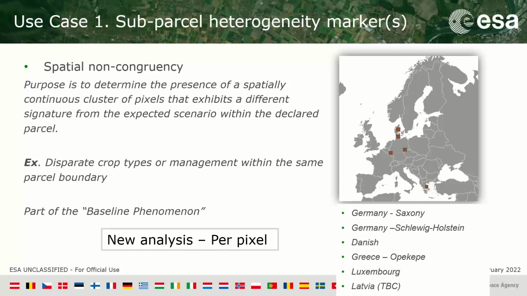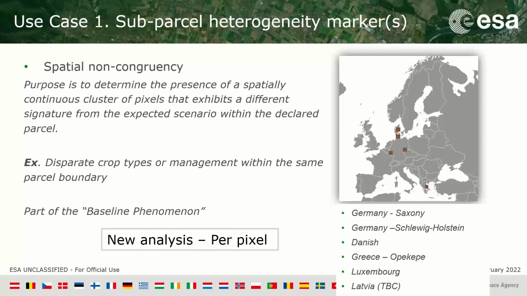So we will really look within the parcels if there is disparate crop types or management, and have some markers that can be also set into the marker database and or within product that could be useful.